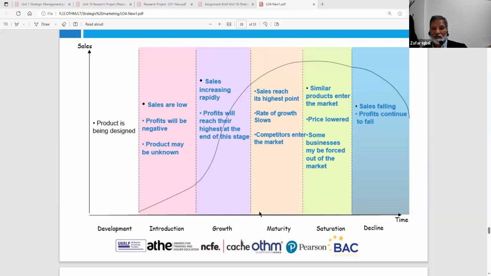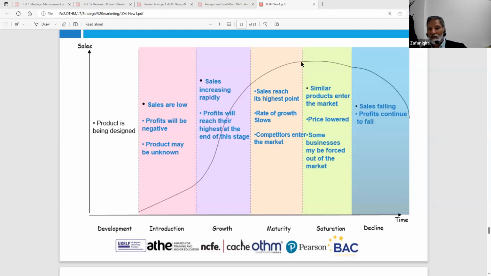And the fourth stage, or the next stage of this product, is called the maturity stage, where the product has fully grown and the growth has slowed down a bit. The slope of the growth stops at a particular stage where there is saturation, which is at the top of the curve there.